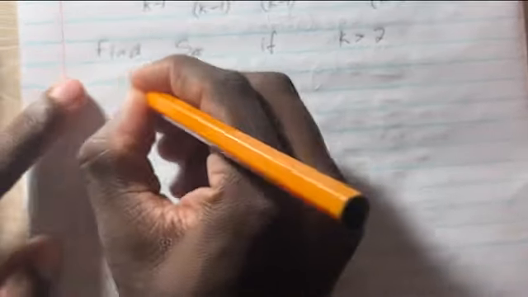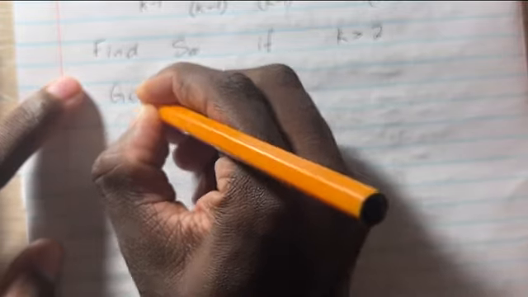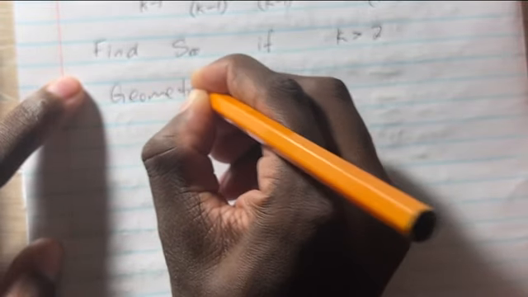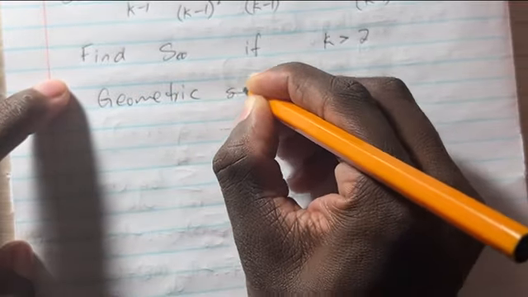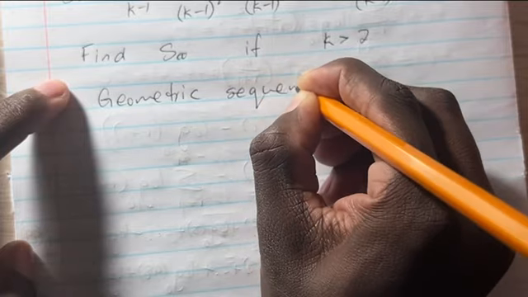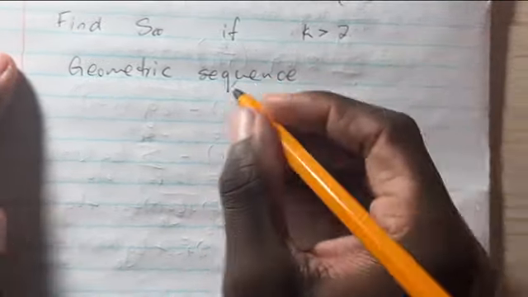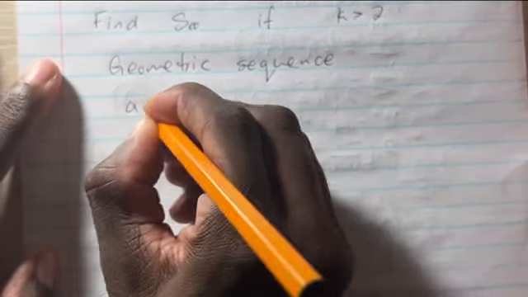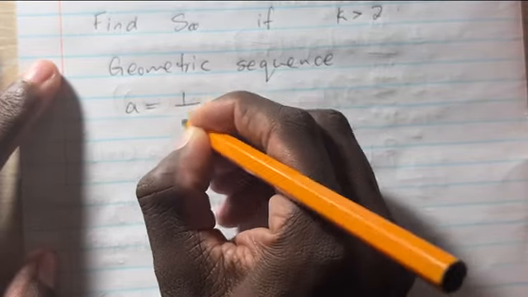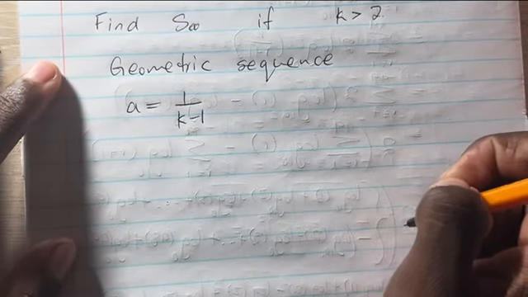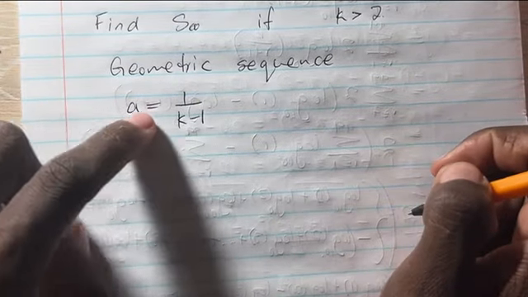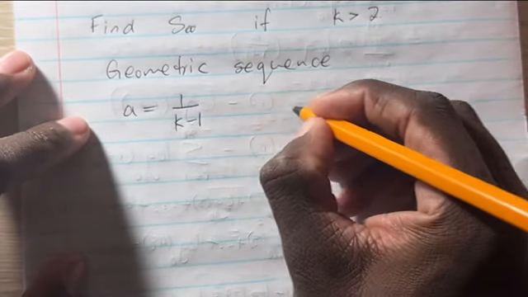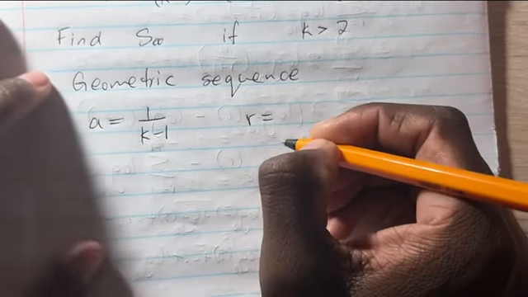That means this is a geometric sequence. For that geometric sequence, you have a, the first term, as 1 over k minus 1, and then there's r for the geometric sequence.